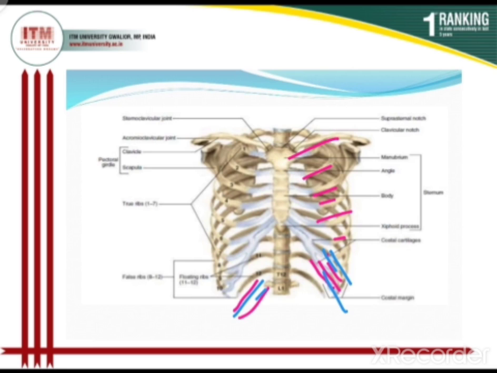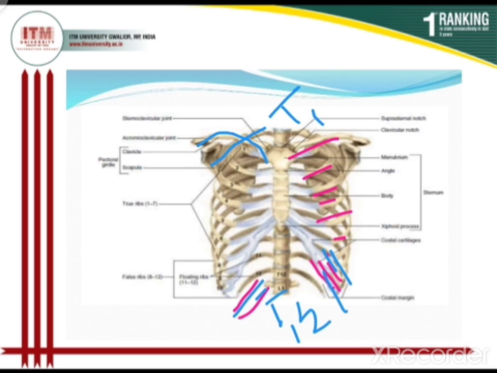Now the other bones are the pectoral girdle bones, like this is the clavicle, and at the back there is the scapula. And from the posterior view, you can see this is T12, and here is T1.